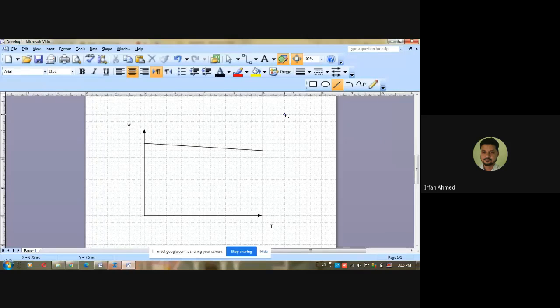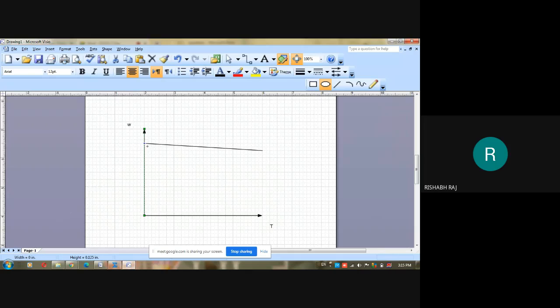Okay, is this clear? What do we need for drawing this characteristic? We need any 2 points on this line. Now the question is, which 2 points will you take? The first and most obvious choice is this point. What is this point?